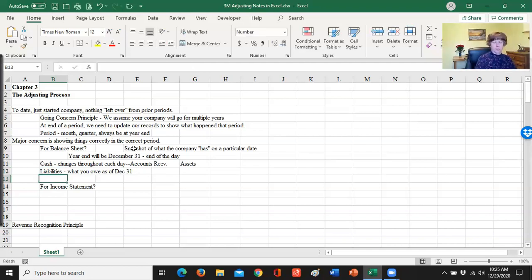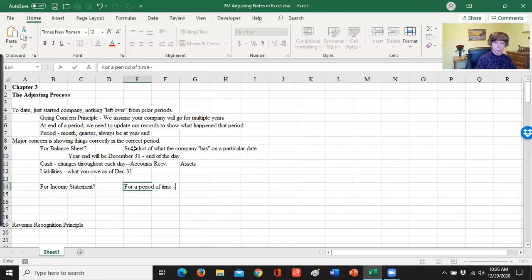Holders' equity doesn't usually move too much other than retained earnings. It all gets impacted by the income statement. The income statement, while the balance sheet is a snapshot, the income statement is for a period of time. There's a start date and a stop date.